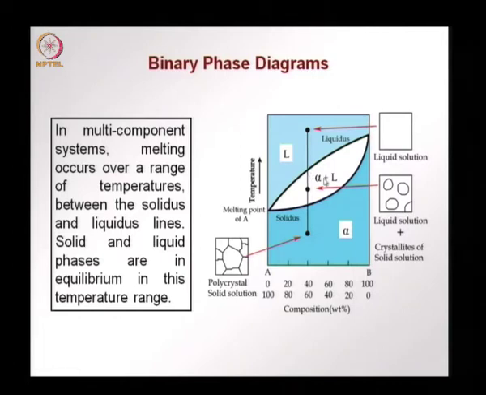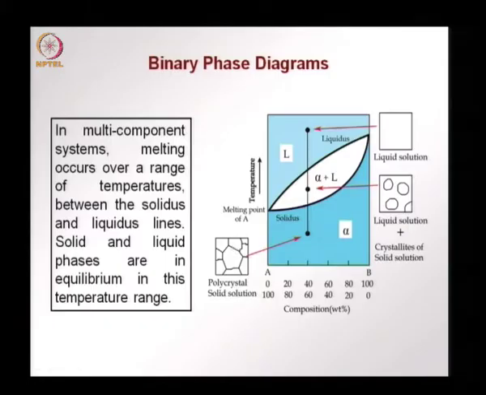The alpha phase starts to form, this is representing the crystallites of the alpha phase. As the temperature continues to decrease, the solid phase now uses up all the liquid, and when we cross the solidus line and come into this alpha region, we have now a polycrystal solid solution, these being the grain boundaries that we had discussed in the previous lectures.